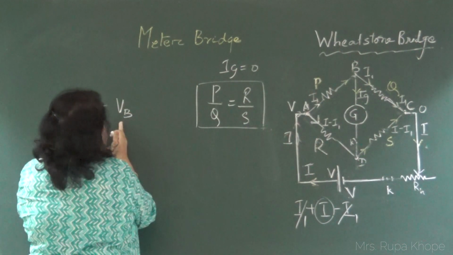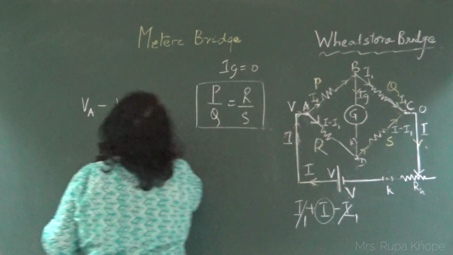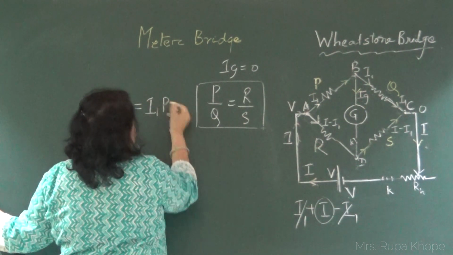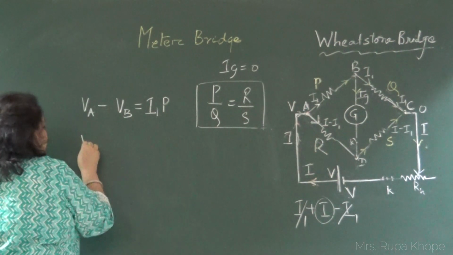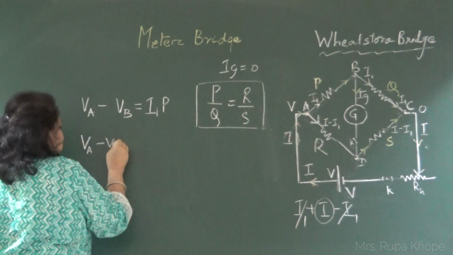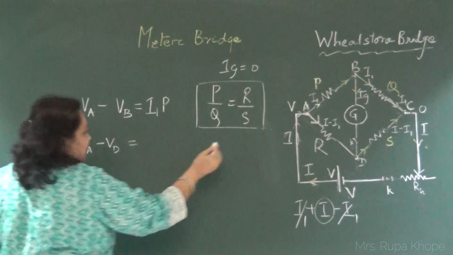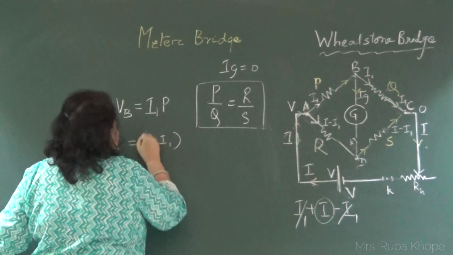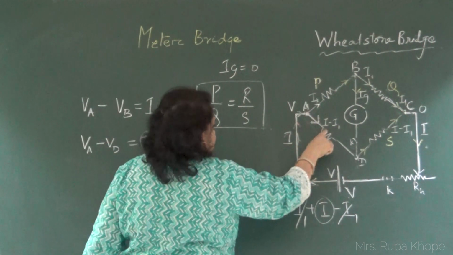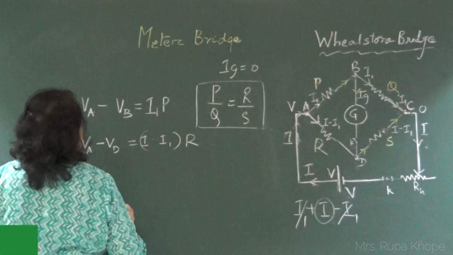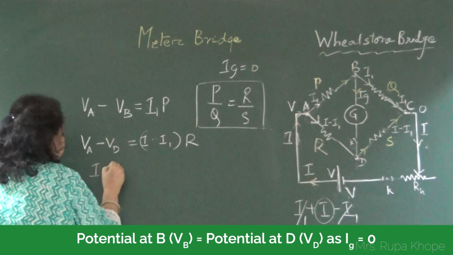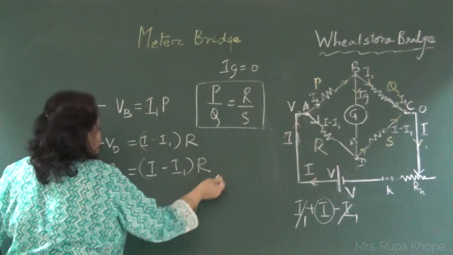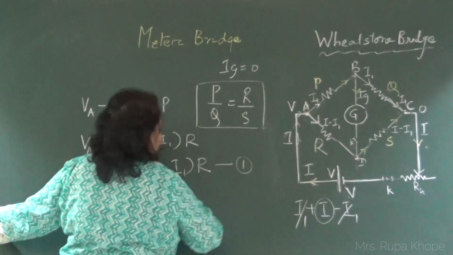So the potential drop in this branch, VA minus VB, is by Ohm's law current I1 into P. Similarly, VA minus VD will be I minus I1 into R. R is the resistance, I minus I1 is the current, again Ohm's law. And they are equal, so I1P is equal to I minus I1 into R. This is equation number 1.